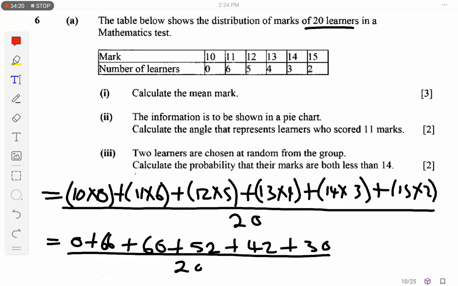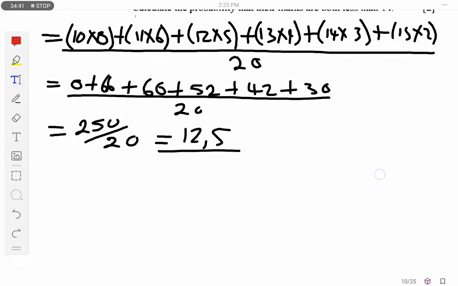Then let's go to the next question. The information is to be shown in a pie chart. Calculate the angle that represents learners who scored 11 marks. So the learners who scored 11 marks were 6. So it's going to be 6 over 20. 6 over 20. Then we multiply by 360.